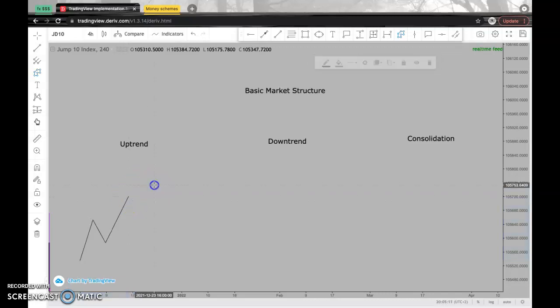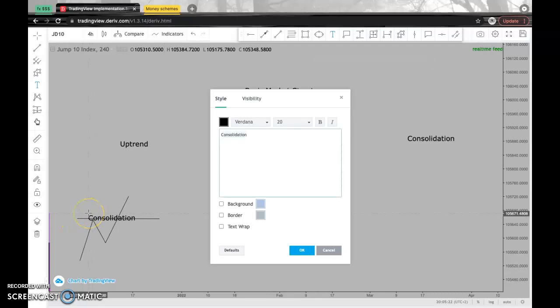So this can then be regarded as an uptrend as soon as price passes the previous high, right? So we'll just do that.